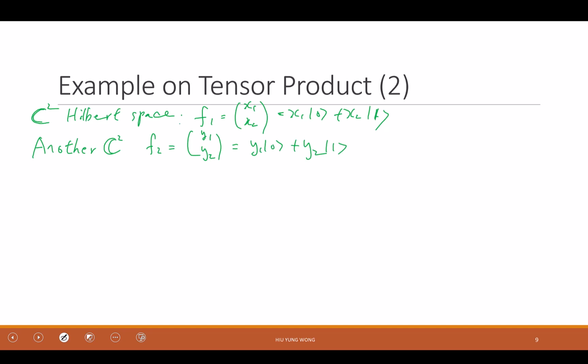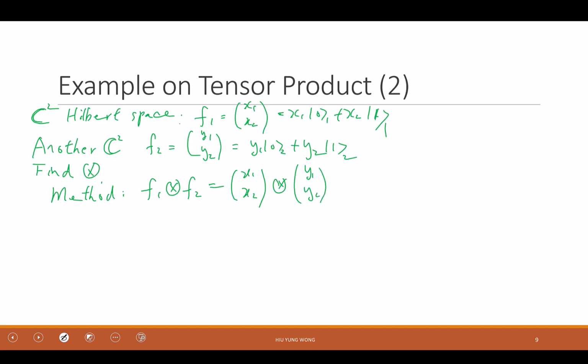And I can even label it, this is the first qubit, this is the second qubit, if that confuses you, okay? So let's find the tensor product. The first method is this. Just use the matrix multiplication. F1 tensor product F2 equals x1, x2 tensor product y1, y2.